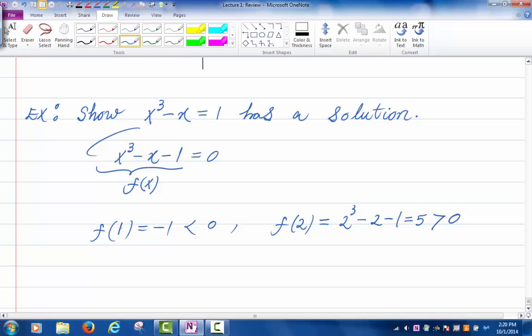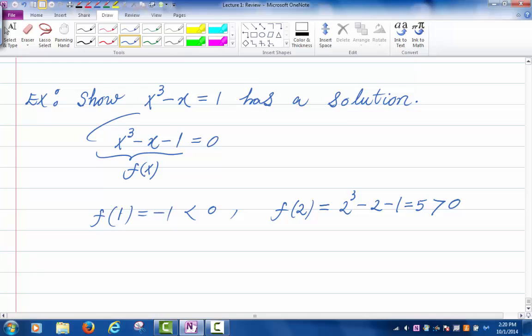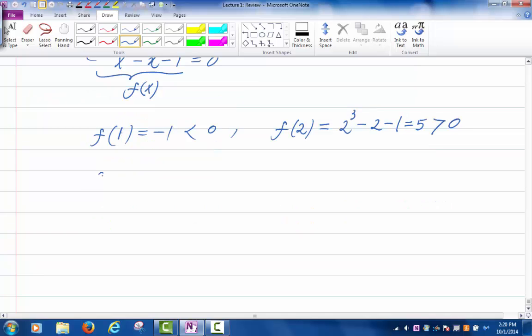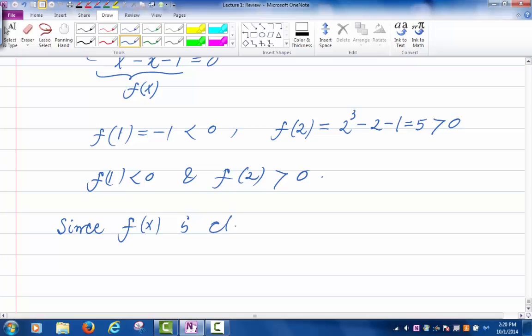So what do we have then? We have f of 1 is negative and f of 2 is positive. Since f is a polynomial function, f of x is continuous on 1 to 2.